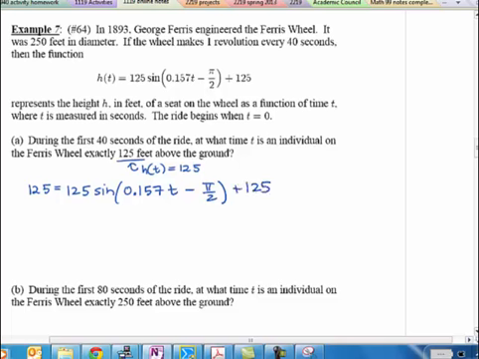So let's see, we'll subtract 125 from both sides, and we'll have 0. Divide everything by 125.